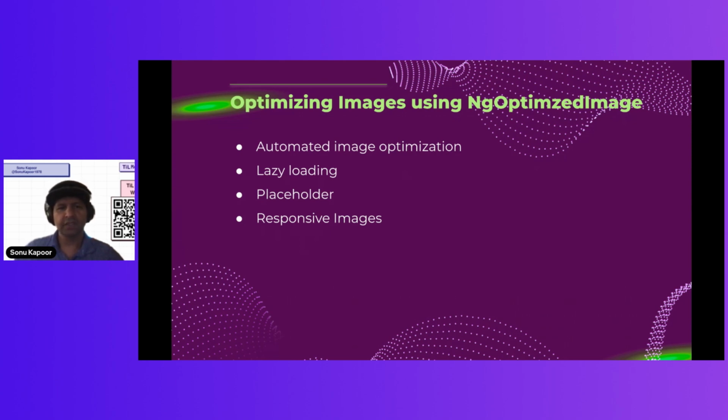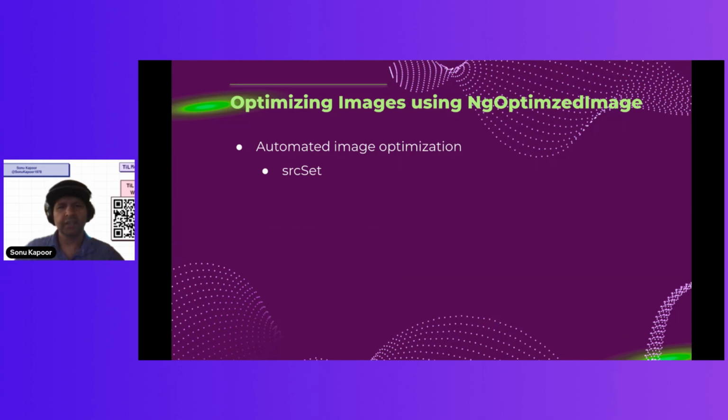Coming next is our ng optimized directive. So this directive is probably one of the most underused directives to optimize performance and images. And actually comes loaded with many out-of-box features. In this section, I'll cover a few of them.